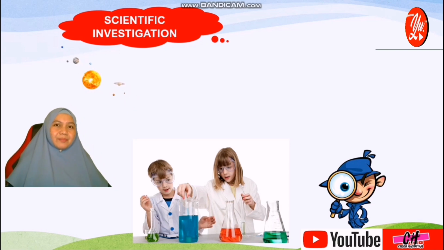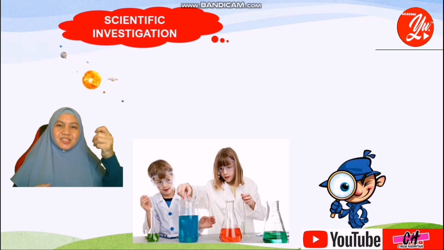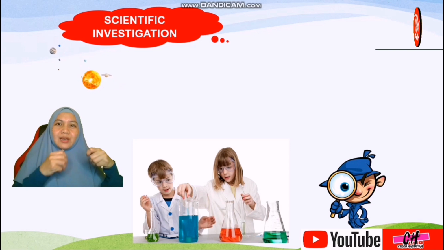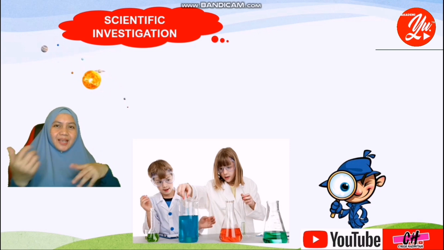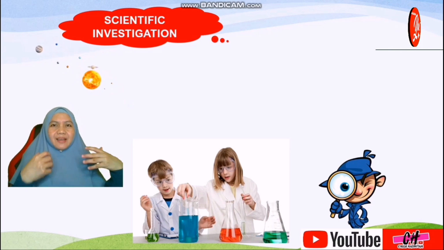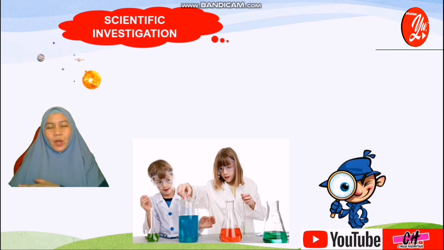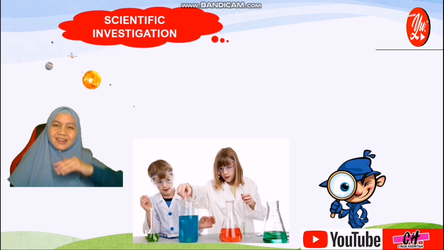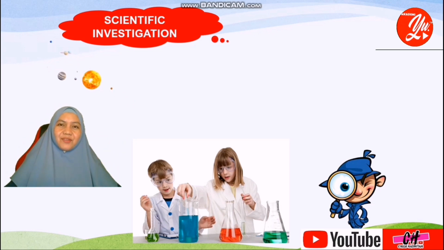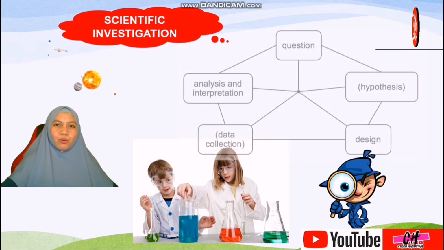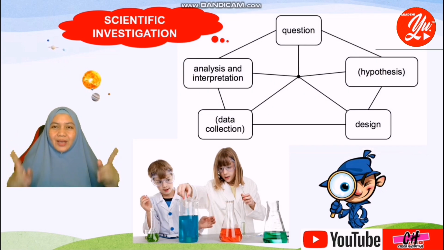For example, what will happen to the extension of spring if I hang more load into it? Second example, what might happen to the acceleration of trolley downward an inclined plane when I increase the height of inclination? So scientific investigation normally begins with a big why question.